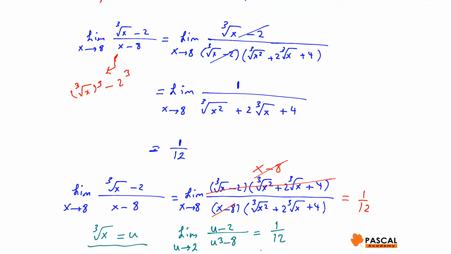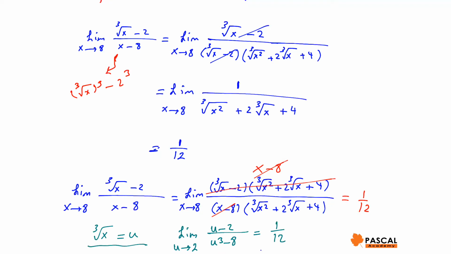The other method is rationalizing the numerator. If we multiply cube root of x minus 2 by (cube root of x^2 plus 2 cube root of x plus 4), we have x minus 8. We reduce it by x minus 8 and plug in 8 into the function.